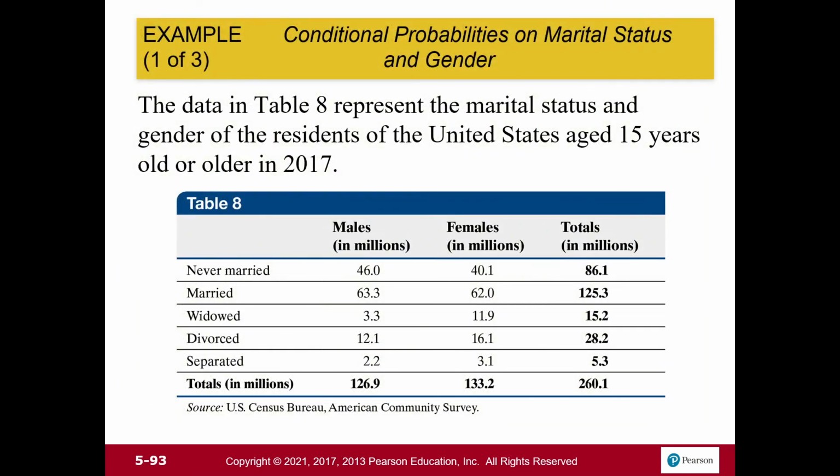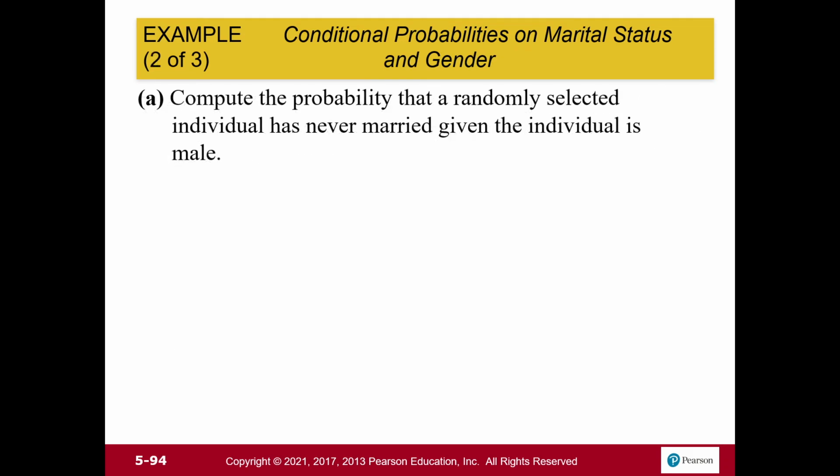Alright, so we can do this using data from a two-way table. Compute the probability that a randomly selected individual has never married, given the individual is male.